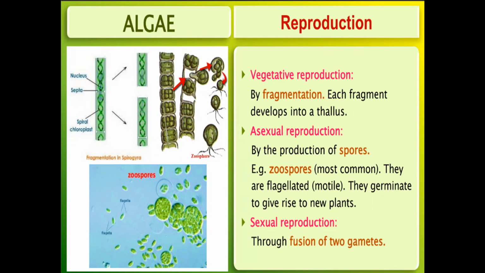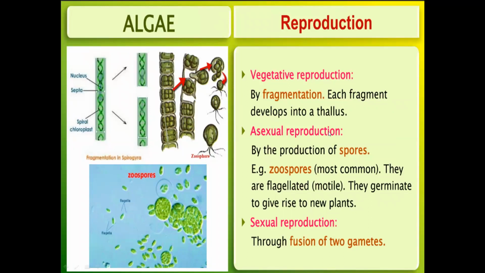In vegetative it is by fragmentation. You know now what fragmentation is. One example, this Spirogyra will break into fragments and each fragment will grow into a new Spirogyra.